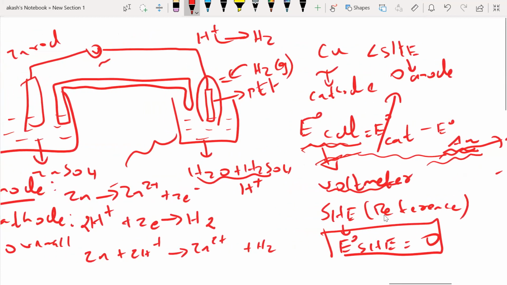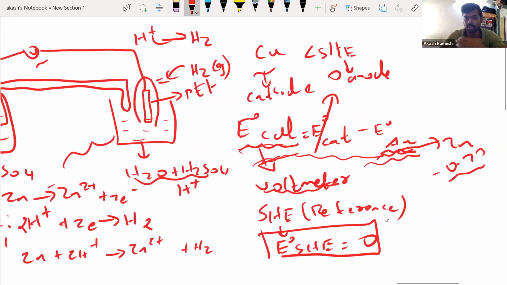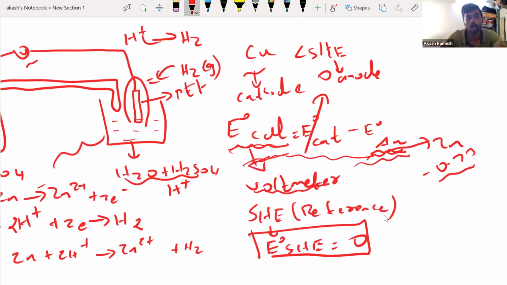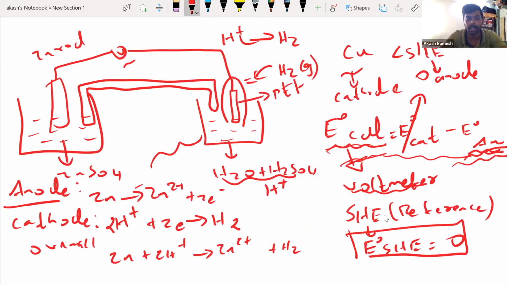Cool. So now we understood the overall working of a Daniell cell, and we understood how we find out the individual reduction potentials for individual elements. And if I take copper and couple it with the SHE, you will find that copper's reduction potential value would be positive. Why? Because again, it is the same stuff.